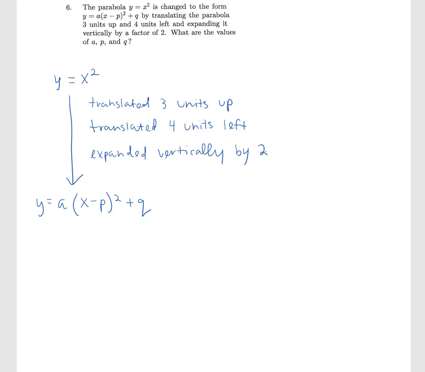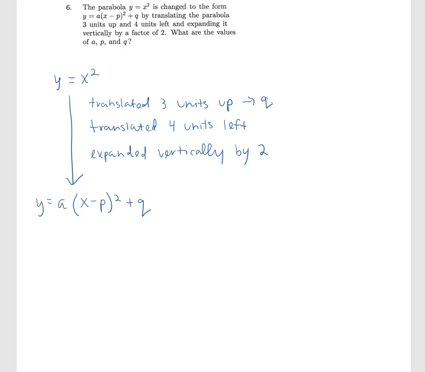So if we're translating up or down, the variable we're changing is this q on the outside, as we remember from our notes. So this translation up is affecting our variable q. But how does it affect it?